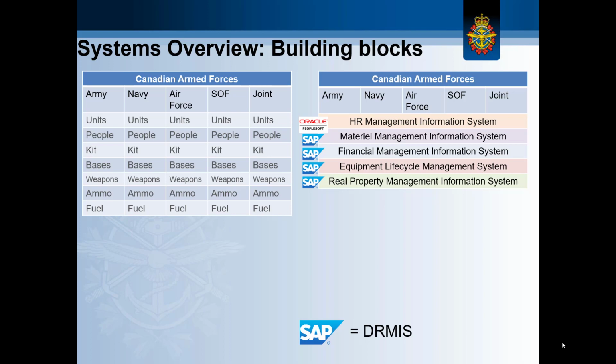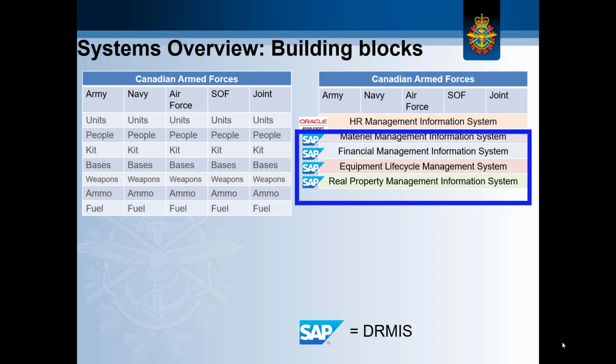And so when it comes to managing the people and the units, we have Oracle. And for managing equipment and weapons and ammunition, we have these different SAP systems. SAP is a very large German enterprise database company. And the collection of those SAP systems at Defense we call DRIMIS, which stands for the Defense Resource Management Information System.